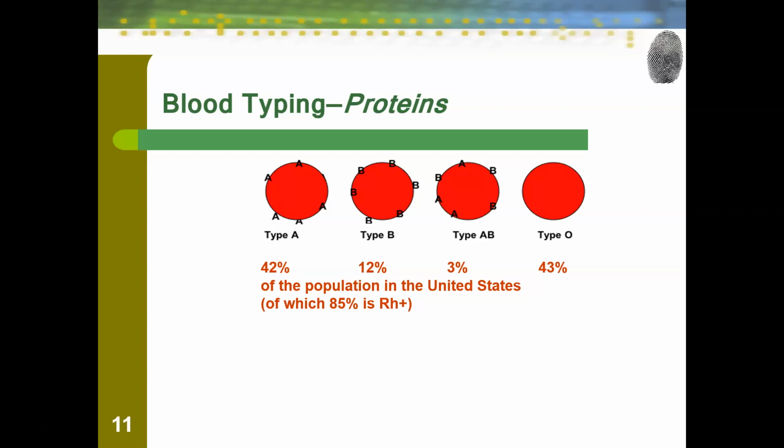So in the United States, 85% of individuals have a positive blood type, so a vast majority of our population. From there, type O is the most common type of blood, so therefore O positive is more common than O negative. And coming in very close second is type A blood. Then we experience a steep drop-off with type B blood being kind of uncommon and AB blood being very uncommon.